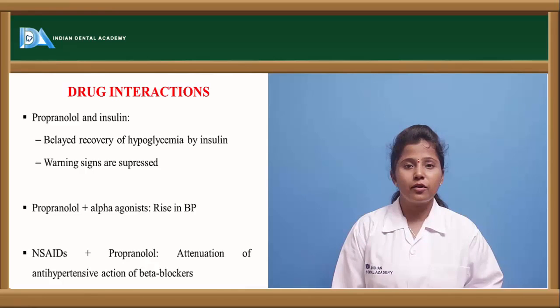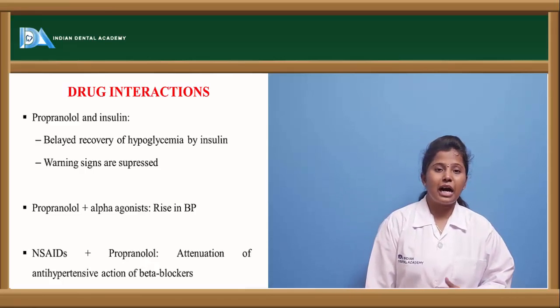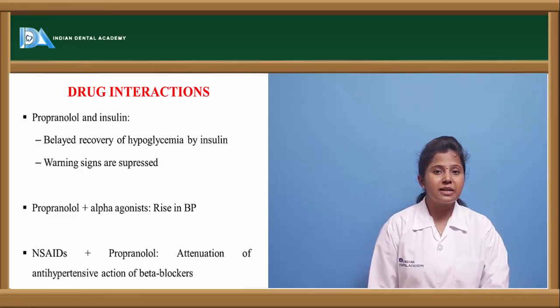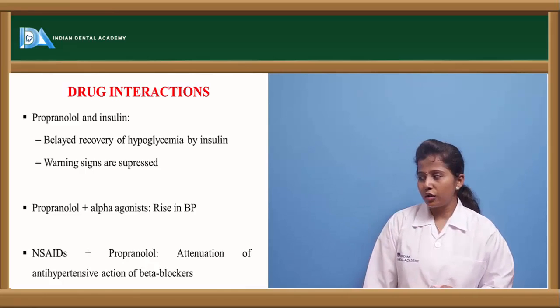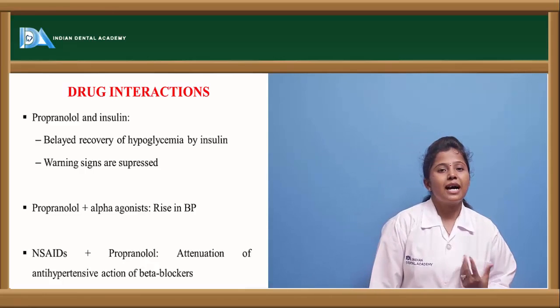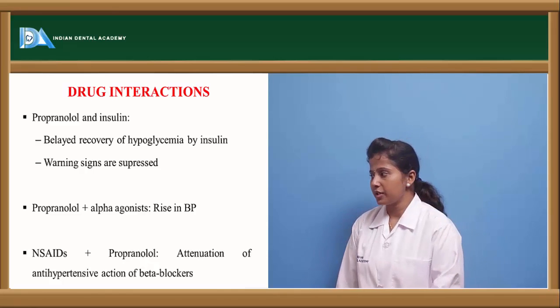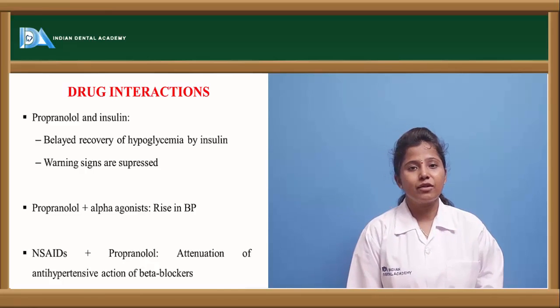So that is the reason it should be contraindicated with insulin, and apart from that it should be contraindicated with alpha agonists. The actions of alpha as well as beta receptors are not the same, they are different. That is the reason propranolol should not be given with an alpha receptor agonist, because it may cause high blood pressure, or as we can say it leads to hypertensive conditions. And it should not be given with NSAIDs, non-steroidal anti-inflammatory drugs.